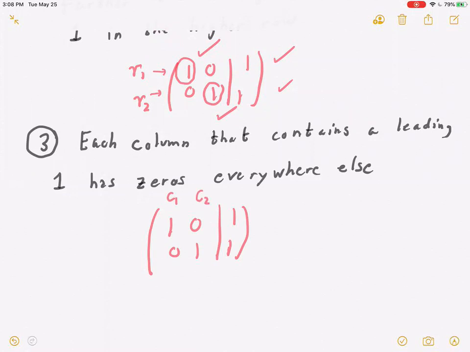And what the third criterion says is that every other matrix element in column 1 has to be 0. That checks out. Here's column 2. Column 2 has a leading 1 in it. So criterion 3 tells us that every other matrix element in column 2 must be 0, and that checks out.